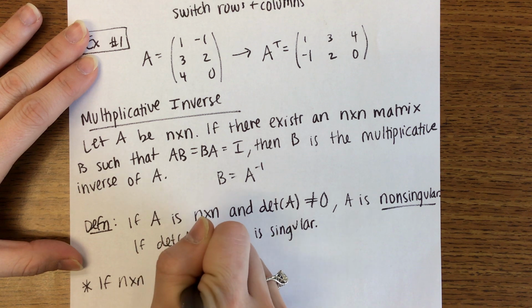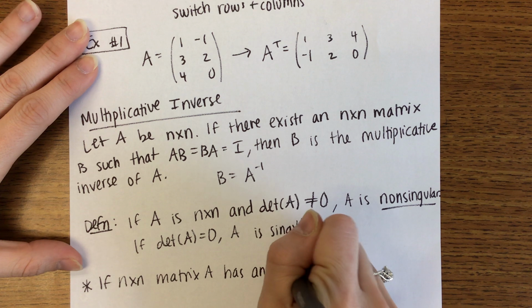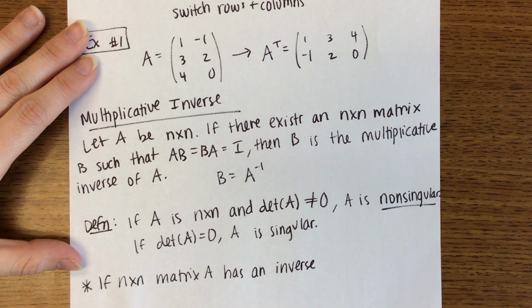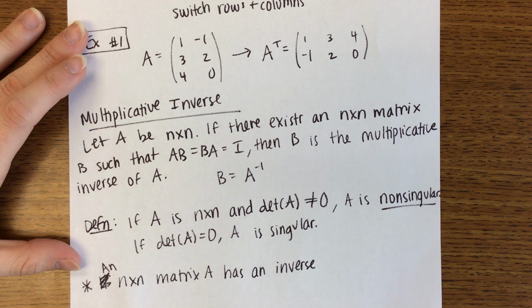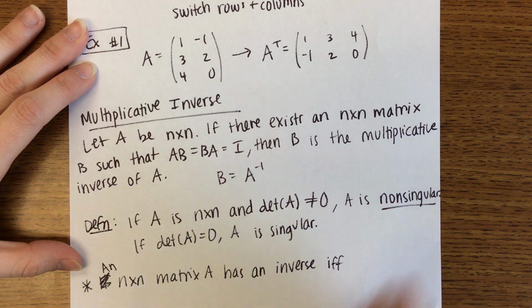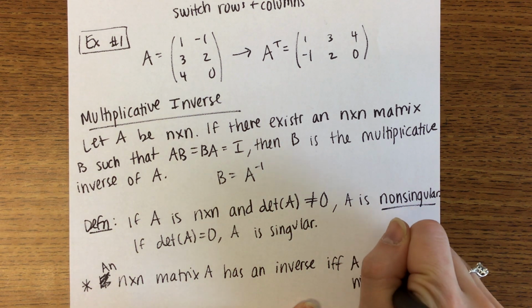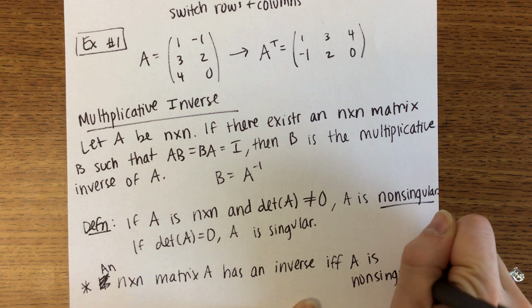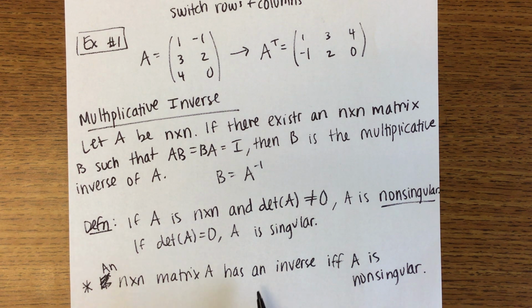An n by n matrix A has an inverse if and only if A is non-singular. So if there's an inverse, it means that the matrix is non-singular, and then the other way also. If the matrix is non-singular, that means there has to be an inverse.